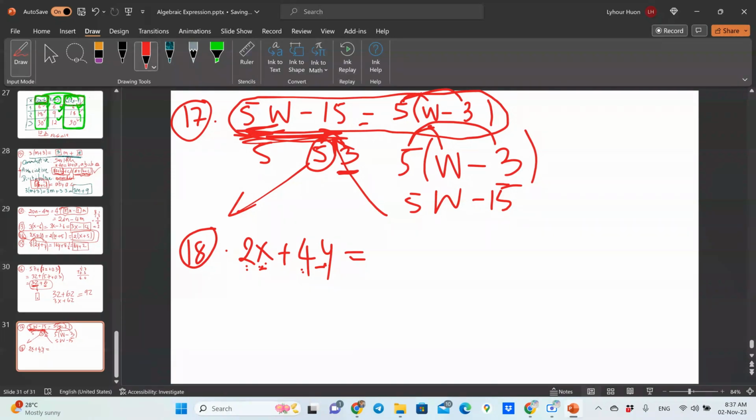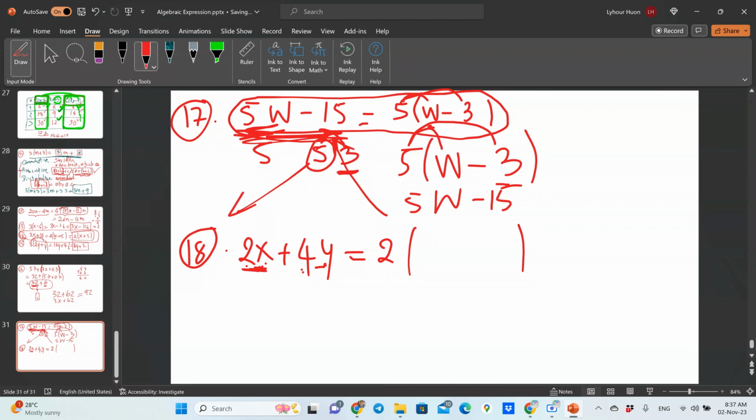They have the factor of 2. So can we take 2 out of the parentheses? Yes. So when we take 2 out of the parentheses, what do we have left here?